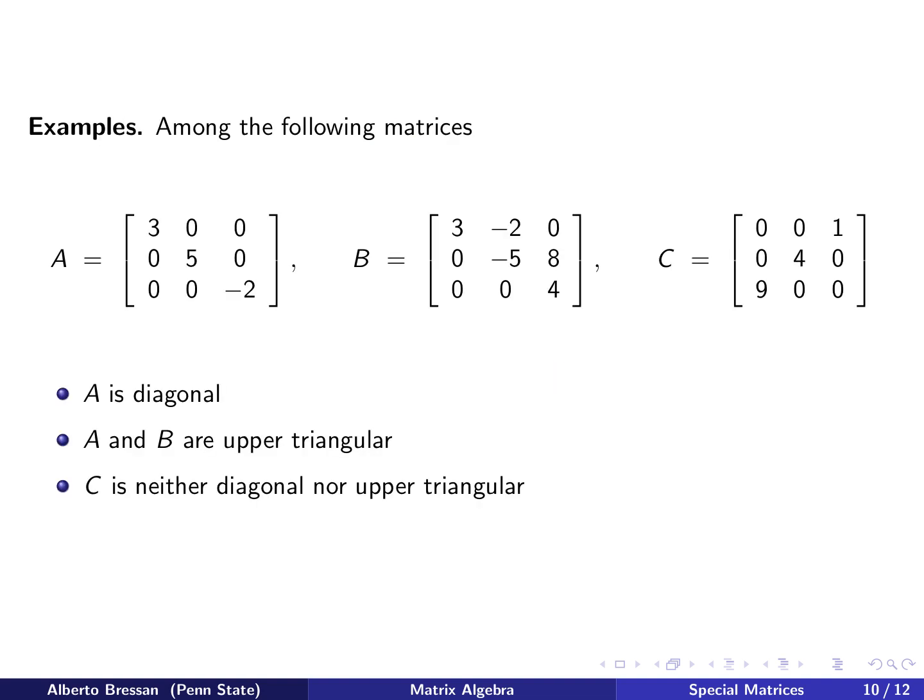Okay, let's take an example. We are given now 3 matrices A, B, and C. We want to know if any of them are diagonal, any of them are upper triangular. Let's look at A. Is A diagonal? Yes, it is, because it only has non-zero elements along the diagonal line.